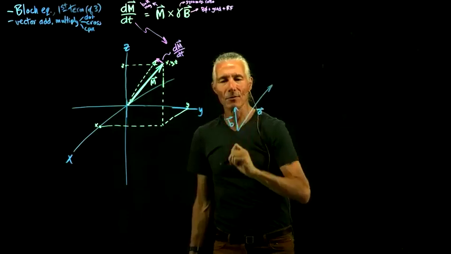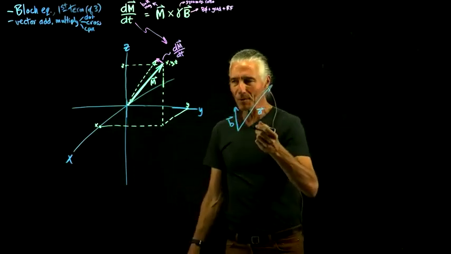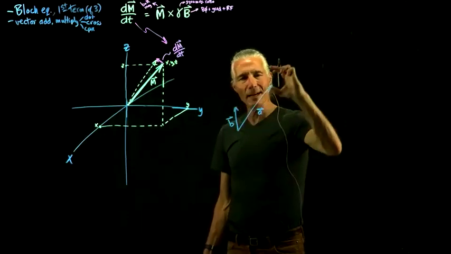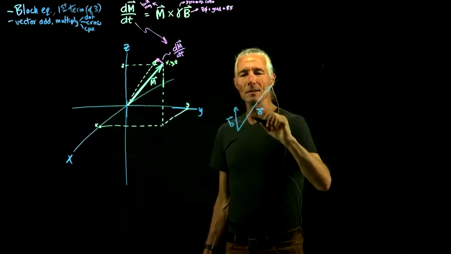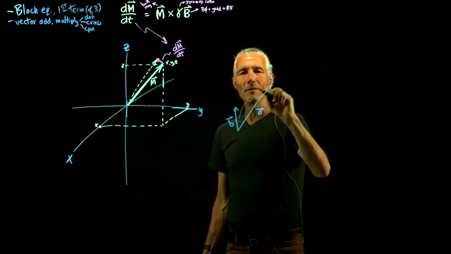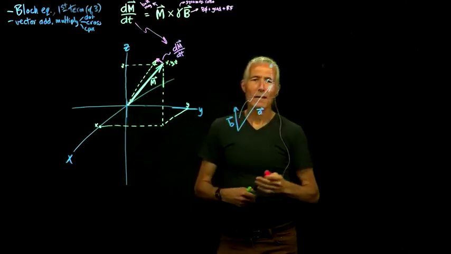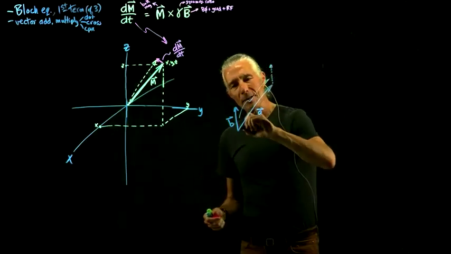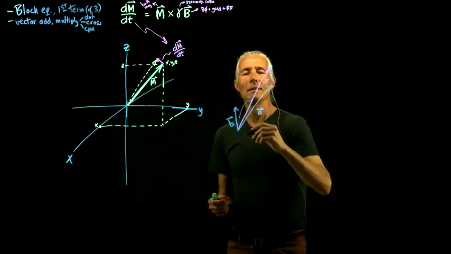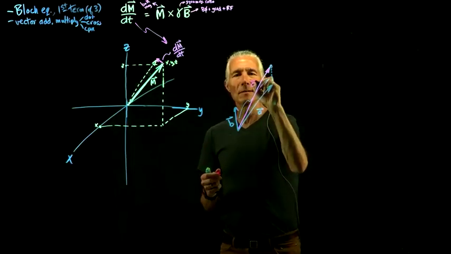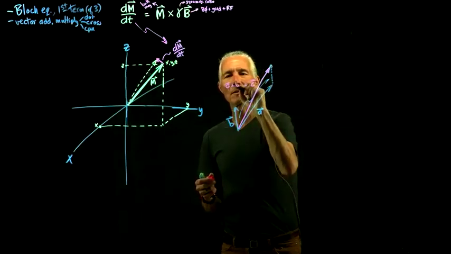The simplest conceptual way is to take this guy and tack it onto the end, just move it over here, and that will give you the sum. So here's the sum. That's the C vector, which equals the A vector plus the B vector.